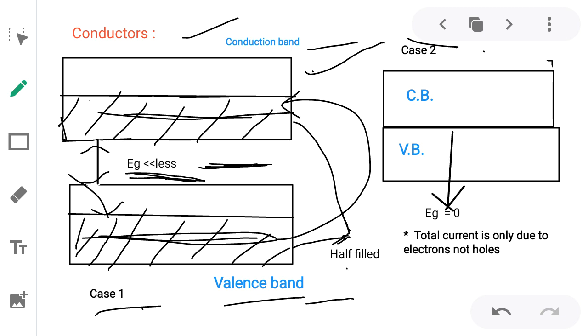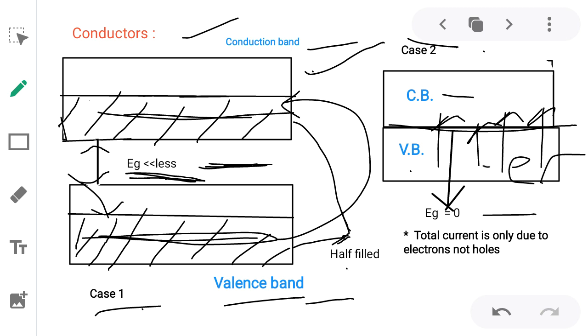In the second case, Eg is 0, meaning there is no energy gap between the conduction band and the valence band, so electrons easily move from the valence band to the conduction band. It does not require any external energy to shift from the valence band to the conduction band. Here the amount of energy required is very small. An important point is that the total current is only due to electrons, not due to holes.